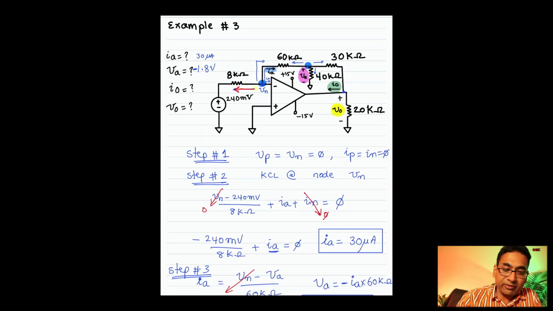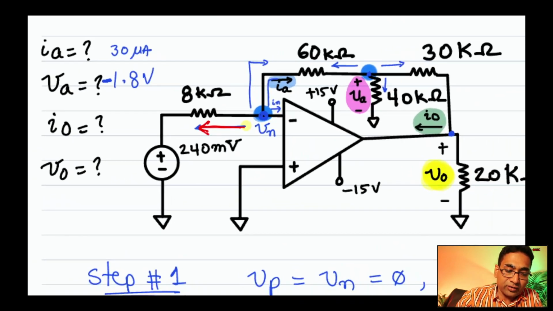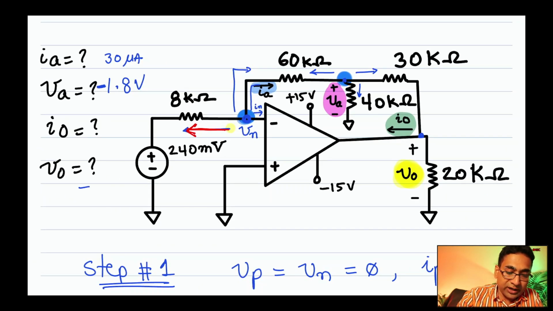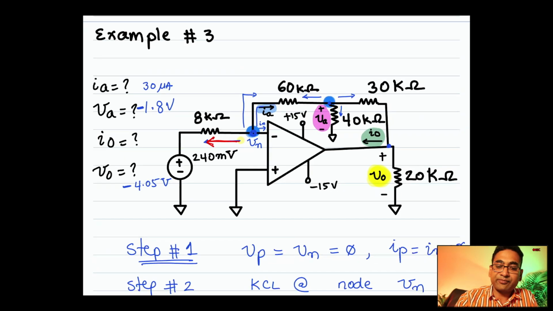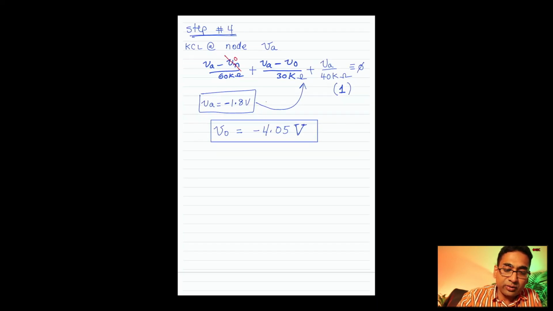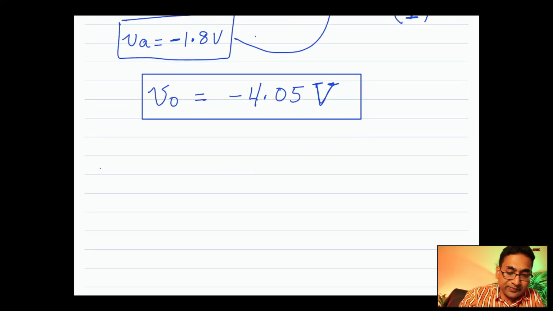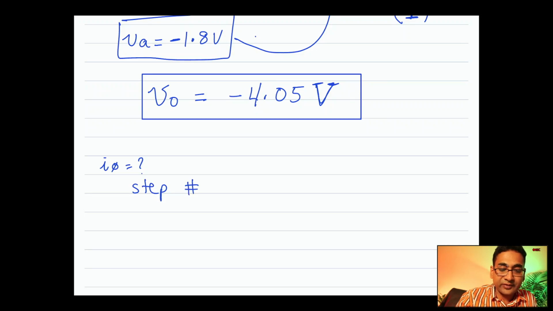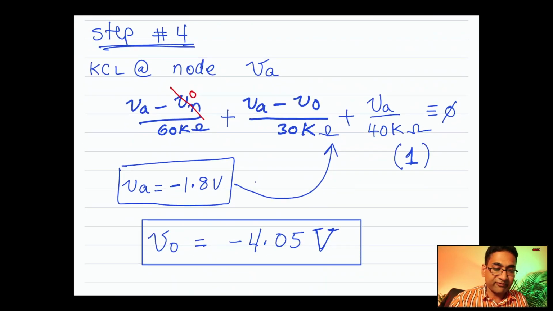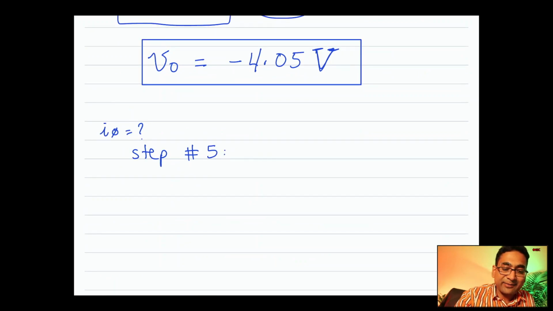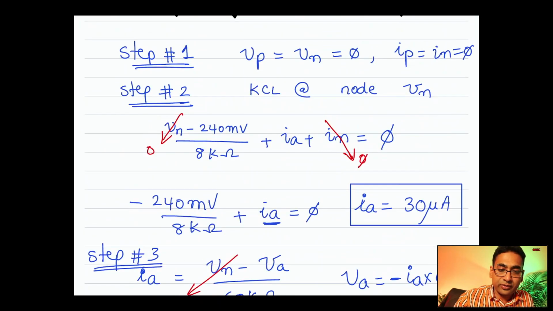So that's step number 4. Let's write that down. The only unknown now is IO. In order to calculate IO, what we do is step number 5.